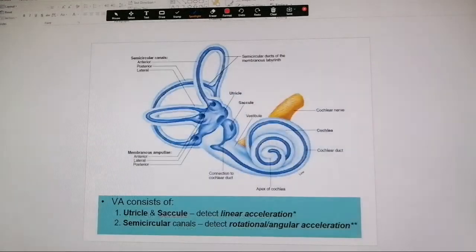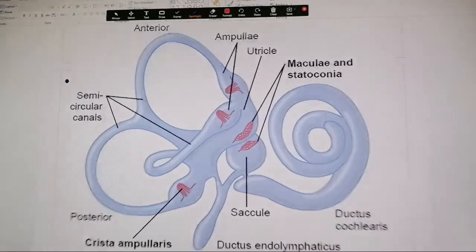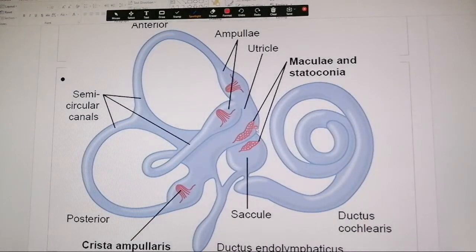Now the difference between this diagram and this diagram is that we are now focusing on the signal that is generated during various acceleration scenarios and is sent to your vestibular apparatus. So as you can see, this structure here is the receptor of the receptor. Yeah, if you understand that.